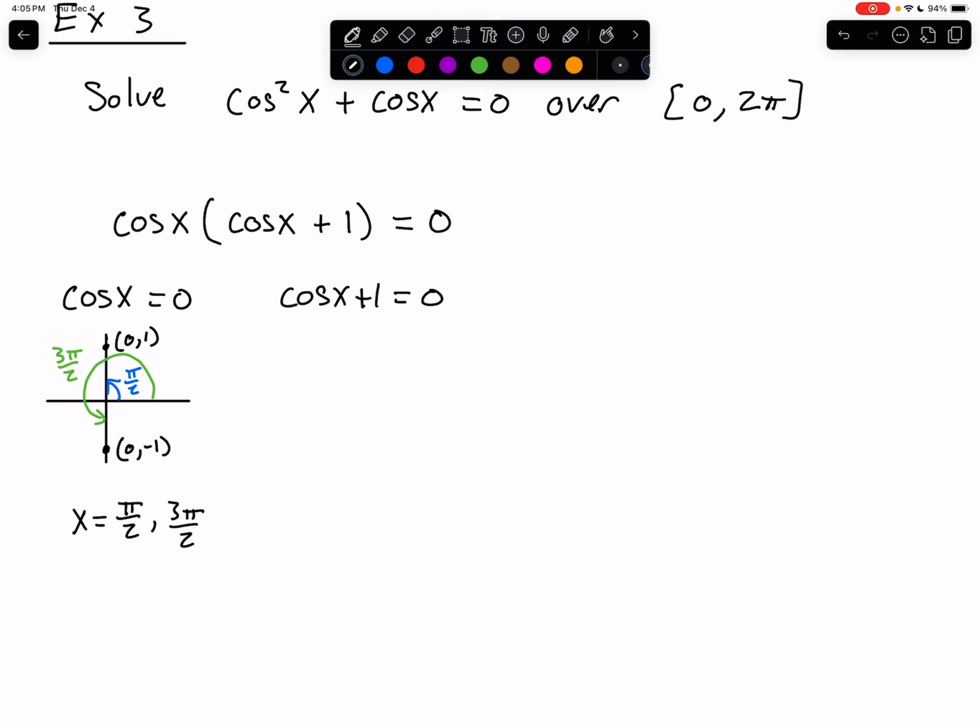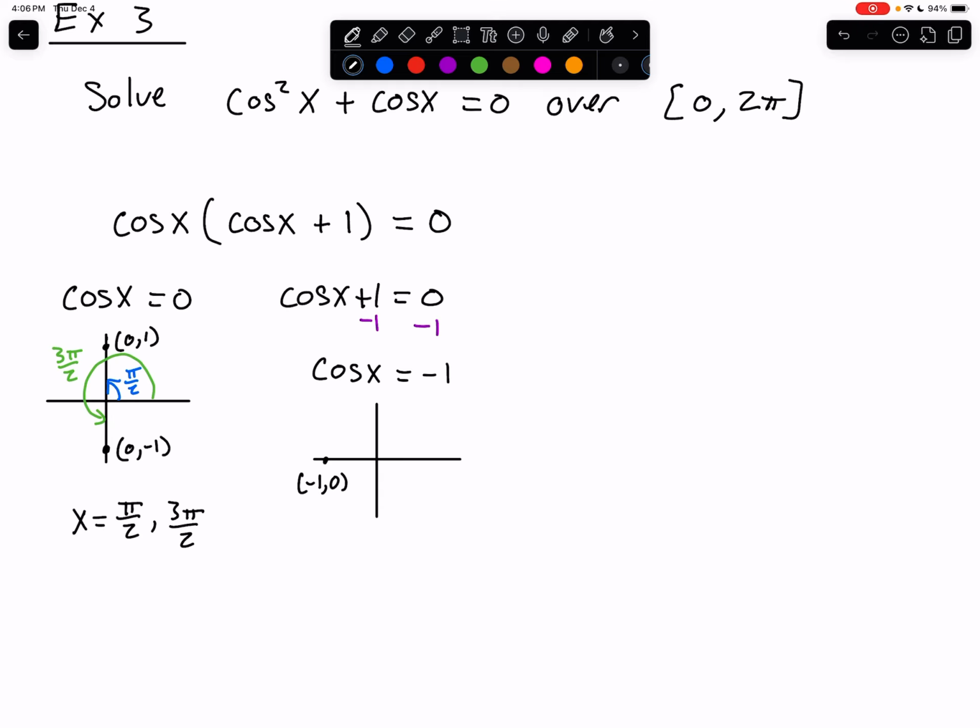All right, now let's deal with this one right here. The first thing you have to do is subtract that 1, so I'm going to have cosine x equals negative 1. This is going to be another quadrantal angle. I want to figure out where on the unit circle the x value is going to be negative 1. If I think about a normal coordinate grid, x values are negative over here, so this point would be your (-1, 0).